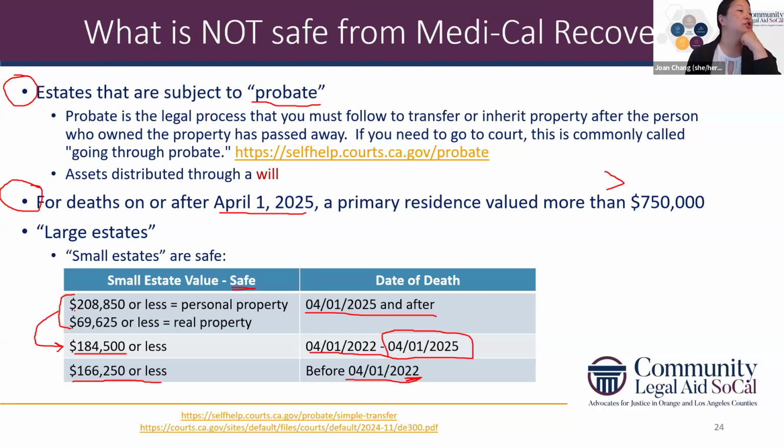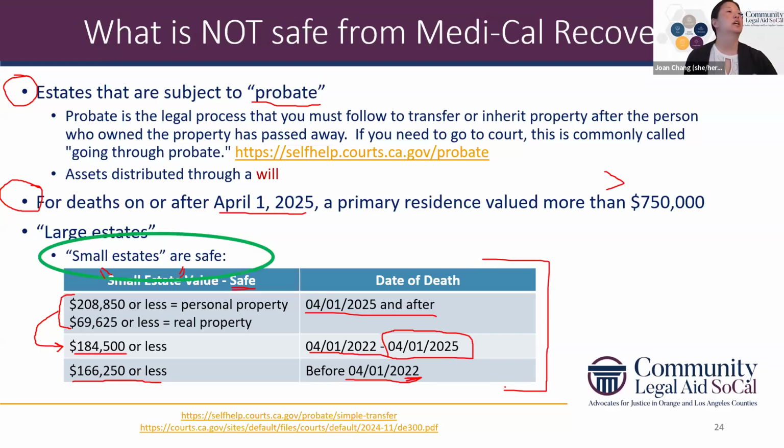If you have 208,850 or less in personal property, and 69,625 or less in real property, you are considered a small estate and you are safe from Medi-Cal estate recovery. This handy asset value chart is in the flow chart, the one-pager cheat sheet that we've been referencing.